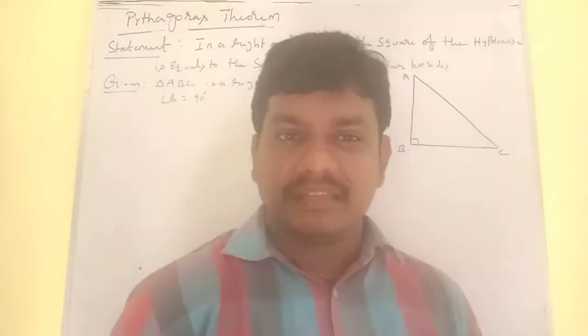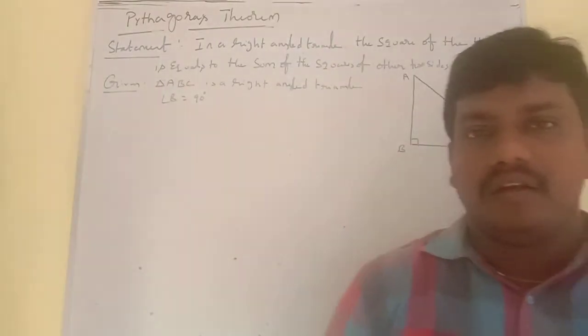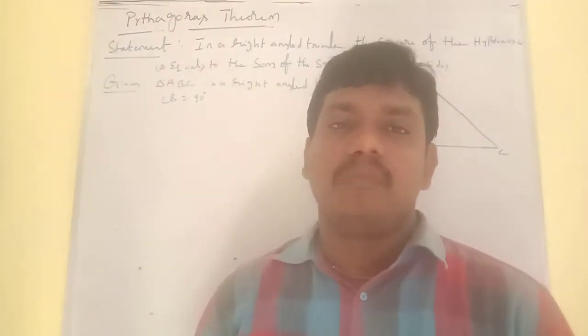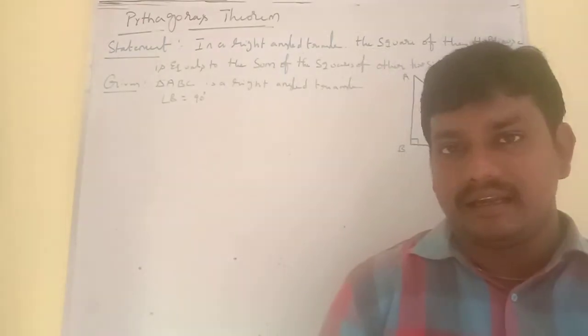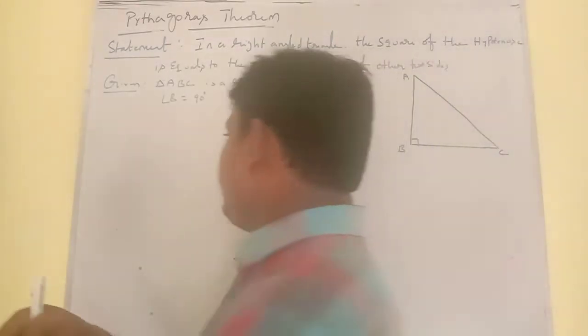When angle B is 90 degrees, the side which is opposite to the right angle is called the hypotenuse.